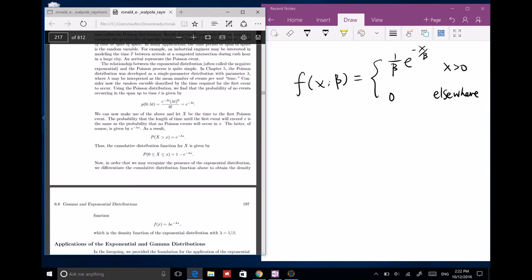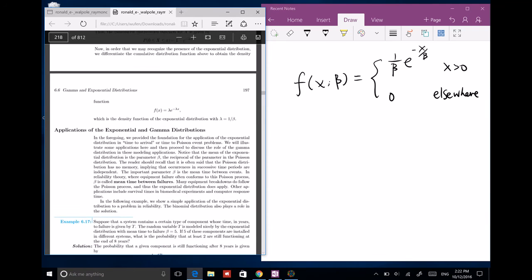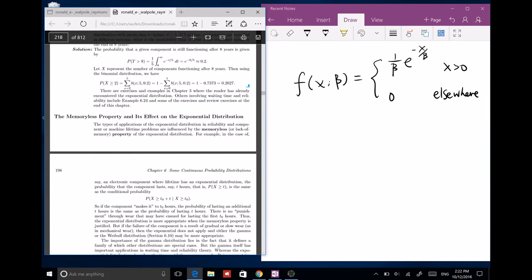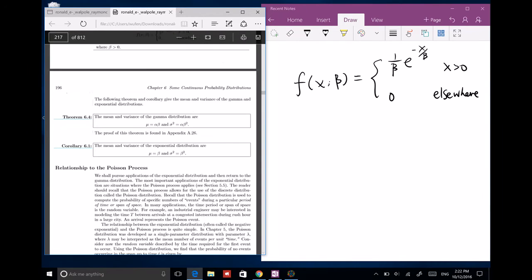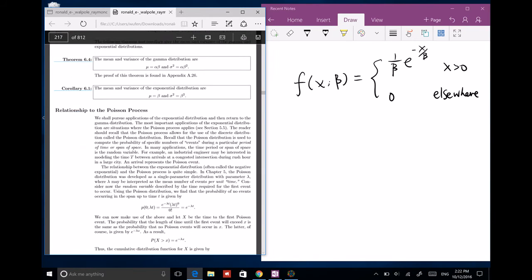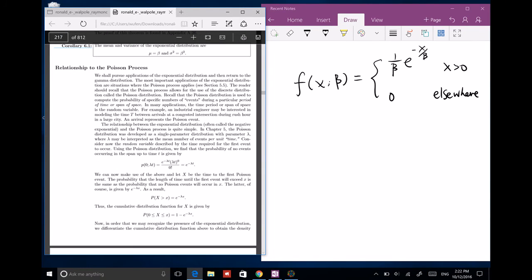Let's look at the application of 6.5. I think 6.5 is the exponential distribution. So let's look at the relationship.